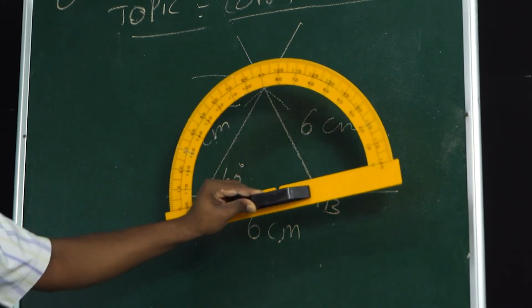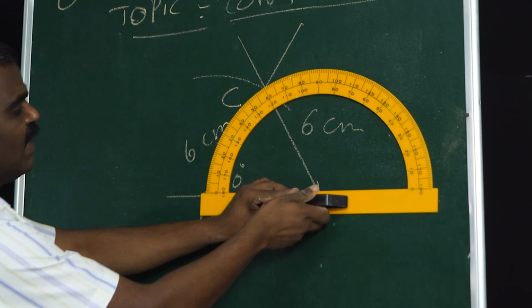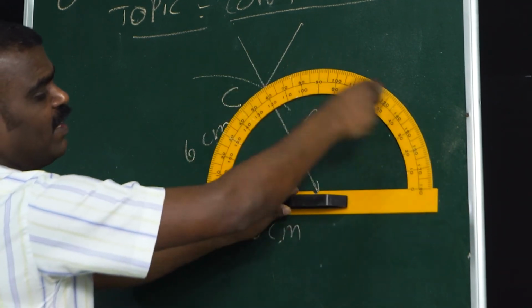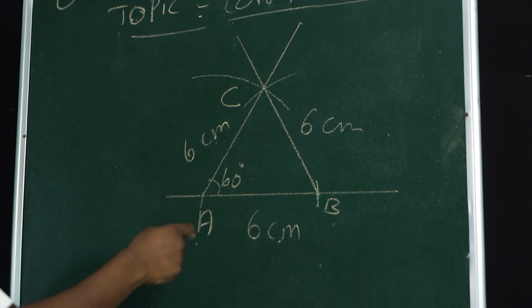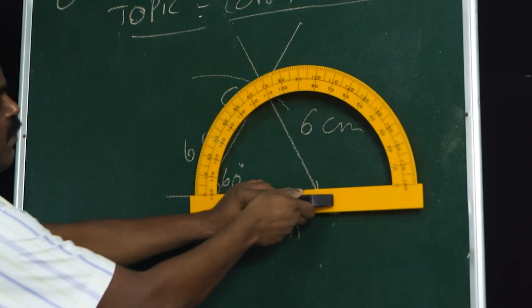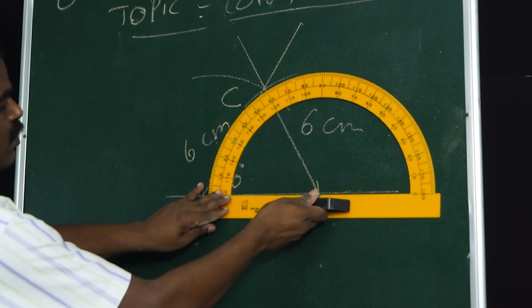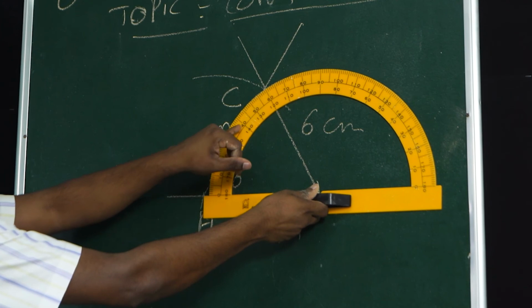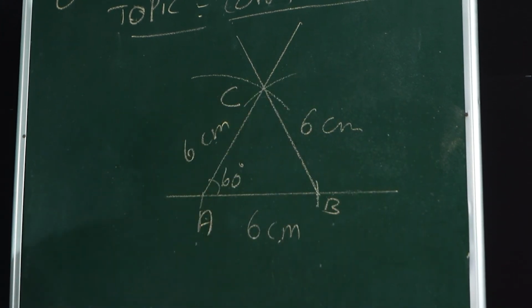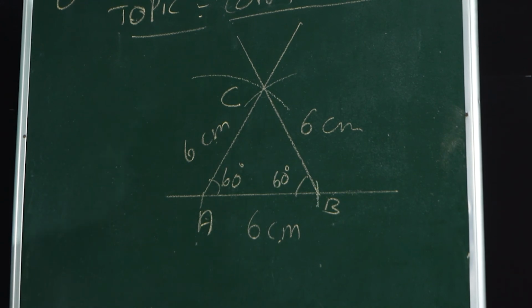Let us see whether angle B also is 60 degrees. Now we cannot count from here, because this side nobody is here. The front of B is A, on the left side, so from the left side you have to count. Yes, 0, 10, 20, 30, 40, 50, 60. Again, 60 degrees.